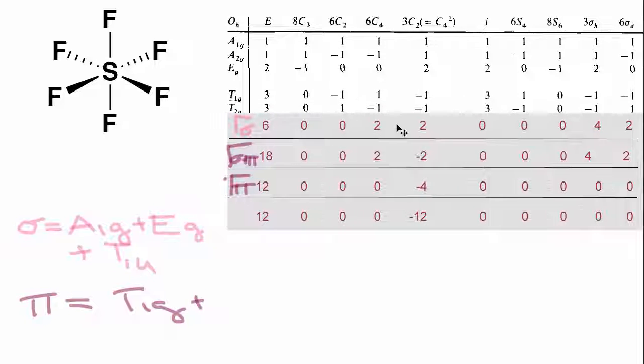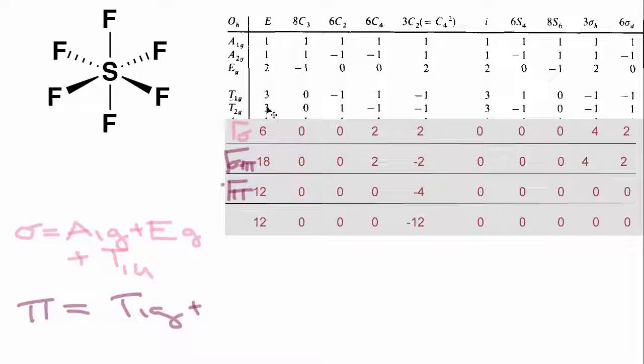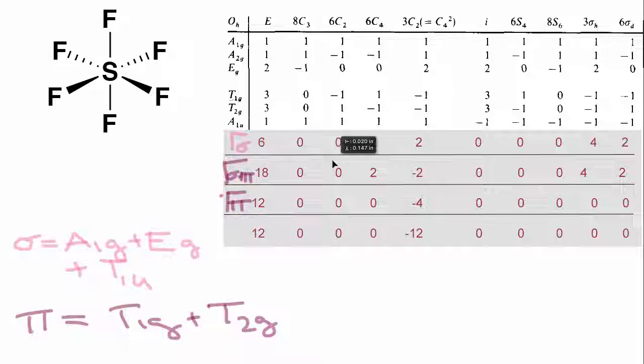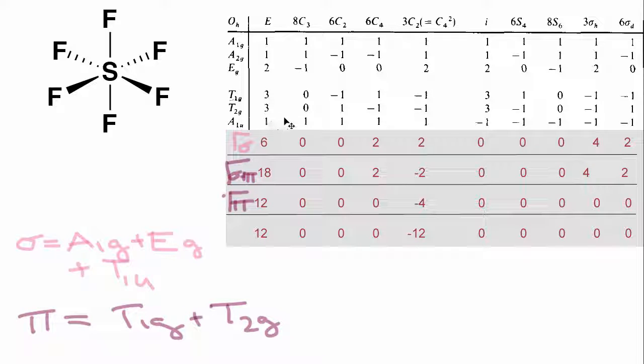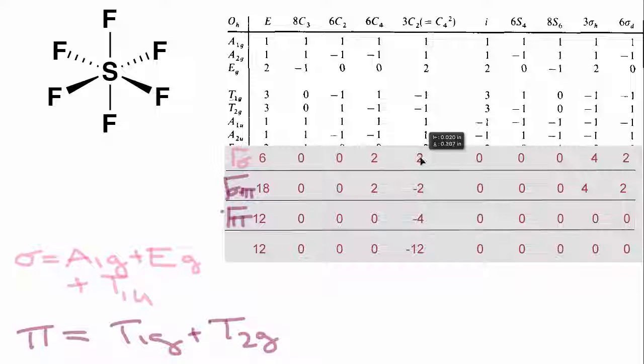And so if we go then down to the T2G, we can see again we have a positive value of 3 and a negative 1 in this case. And so that'll add up to 48, and so we will then also have one set of T2G orbitals. If we move our way down, A1U only has a value of 1 right here, and this remains positive.